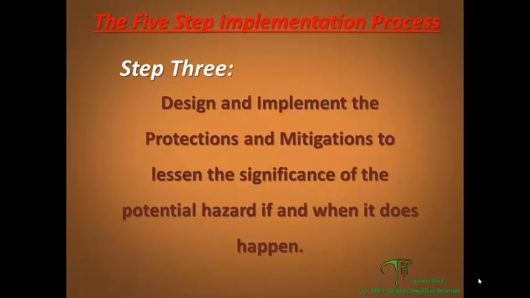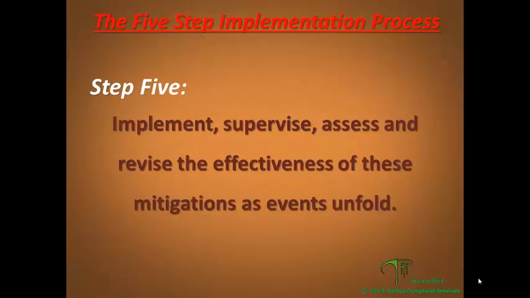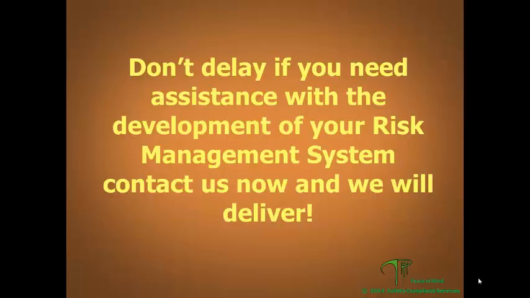Step number 3, design and implement the protections and mitigations to lessen the significance of a potential hazard if and when it does happen. Step number 4, accept, reject, or elevate residual risk to a senior person. Step number 5, implement, supervise, assess, and revise the effectiveness of these mitigations as events unfold.